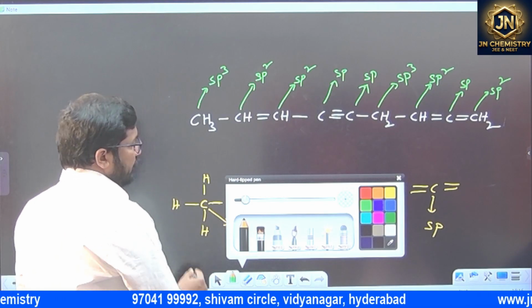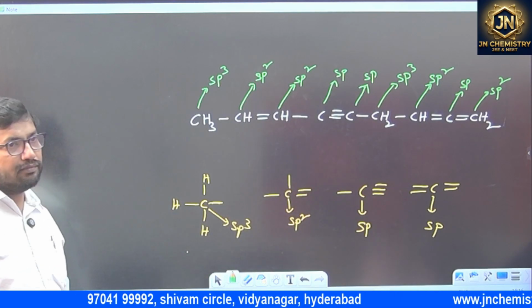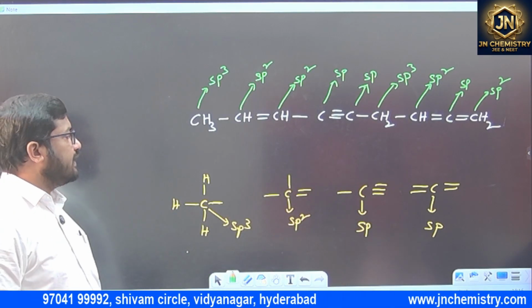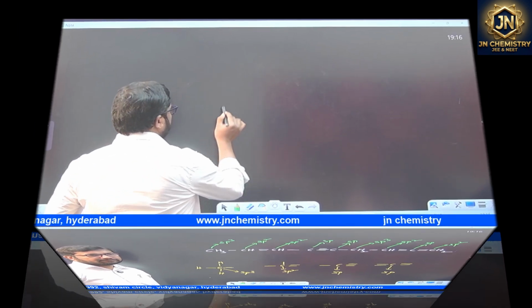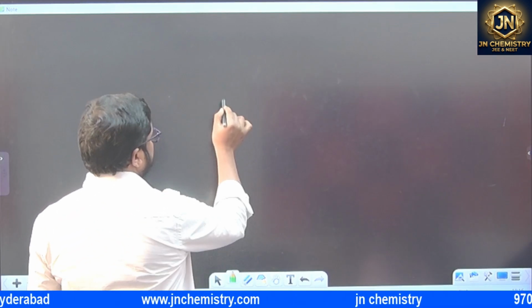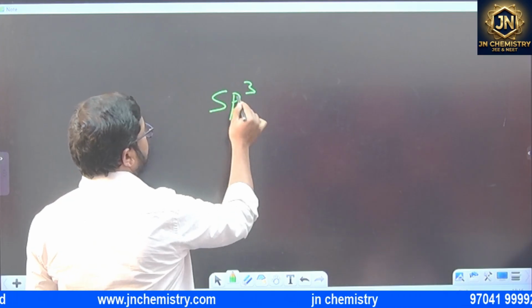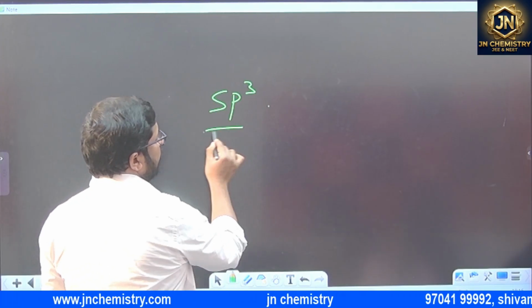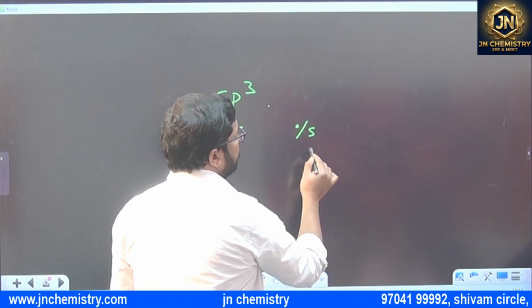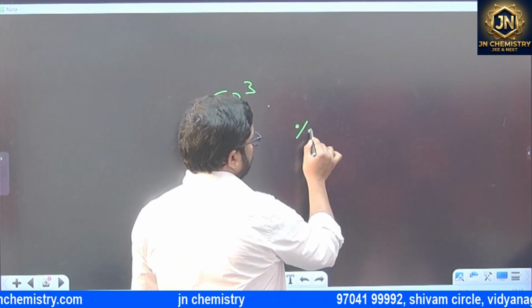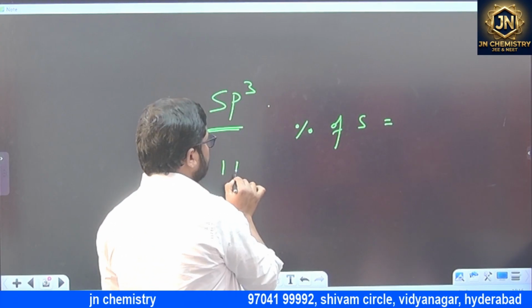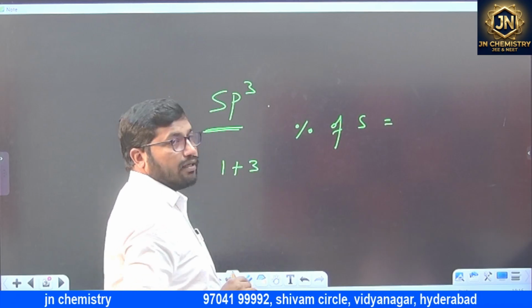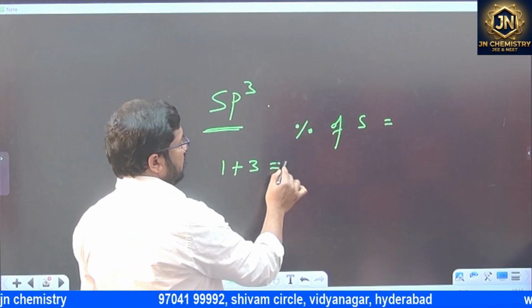sp3, sp2 and sp. In sp3, what is the s percentage and p percentage? In sp3, the percentage of s character: total 1 s orbital and 3 p orbitals, total 4.